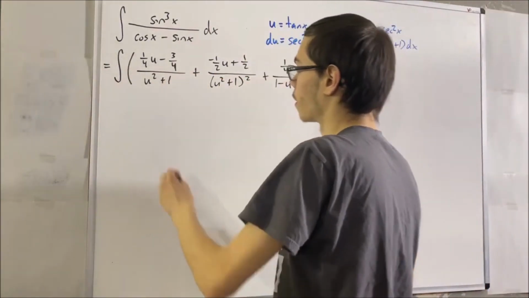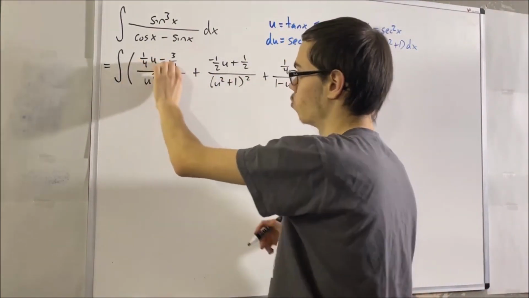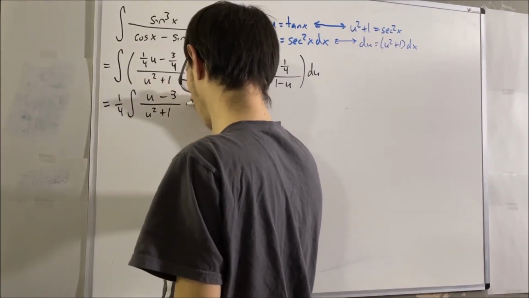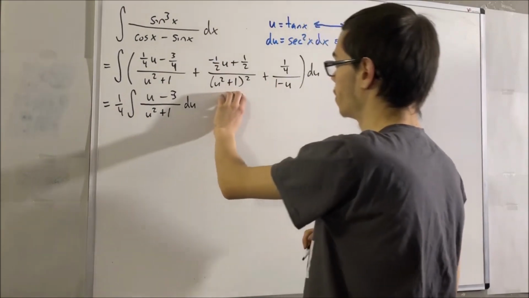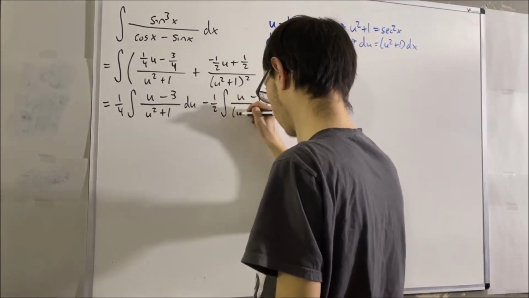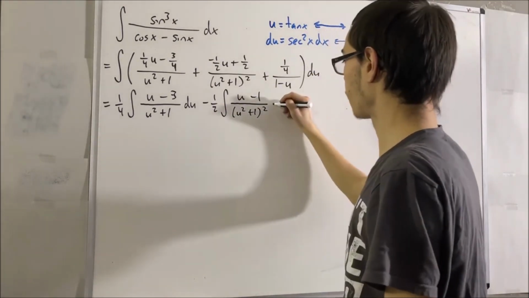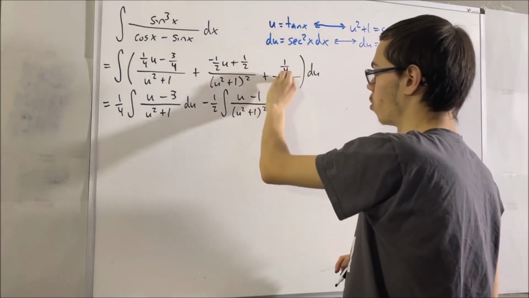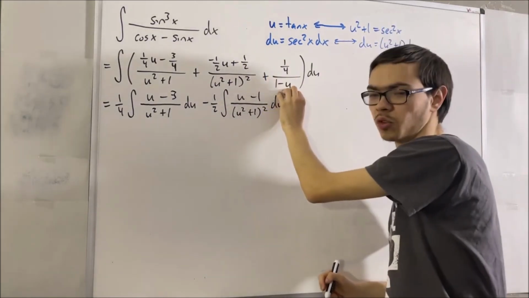So, for the first integral, I'm going to factor out a 1/4. For the second integral, I'm going to factor out a negative 1/2. Right, and for the third integral, I can actually evaluate this one right away, or I'm assuming that you guys can evaluate this integral pretty easily.